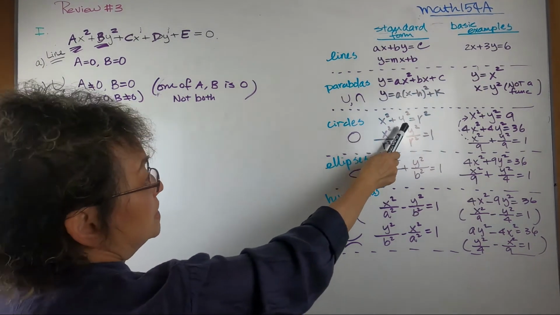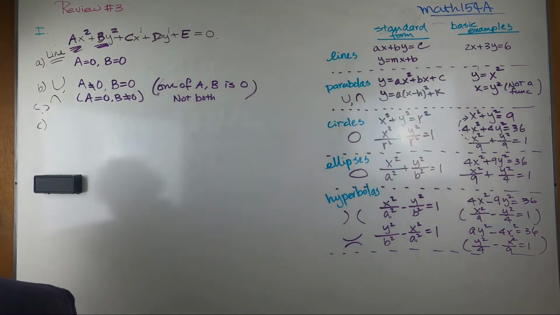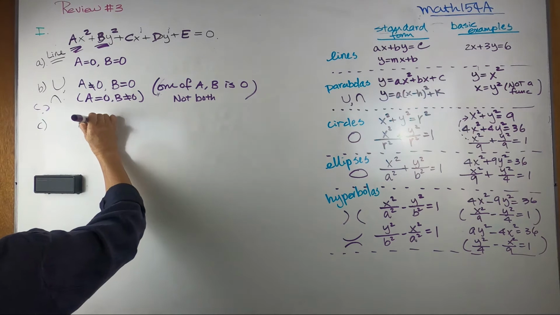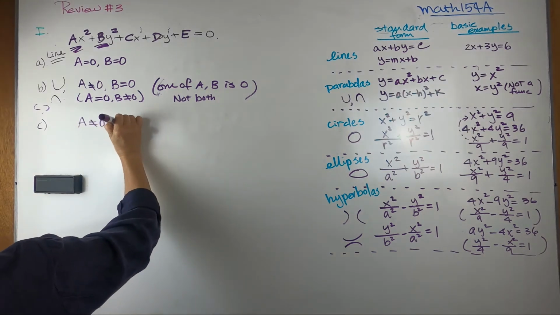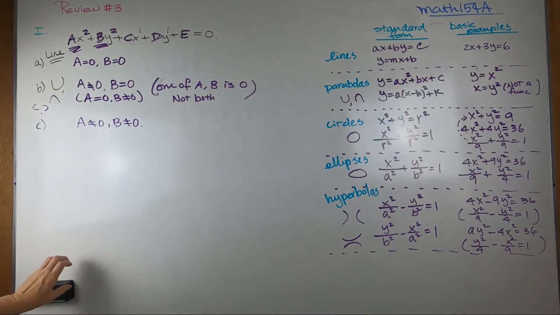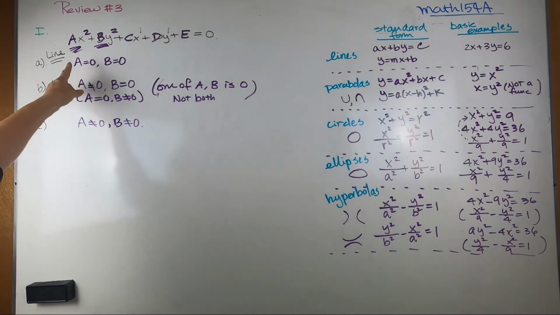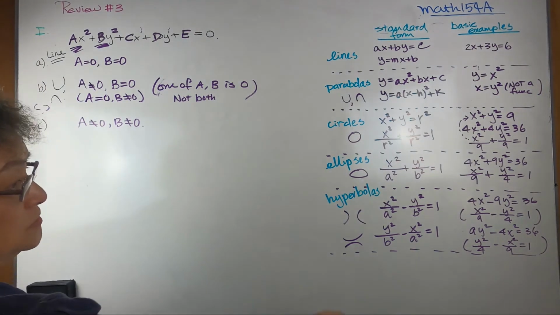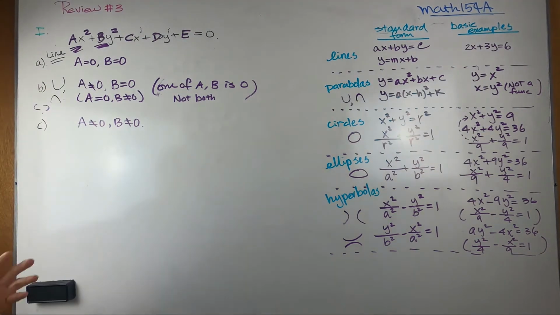So A and B, both of them cannot be 0, right? So A cannot be 0 and B cannot be 0. So we talk about A and B conditions to decide these equations can be one of those things, right?